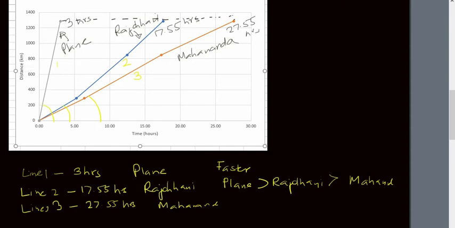Let me choose color black. So this angle is slope. This is slope 1. This is slope 2. And this is slope 3.